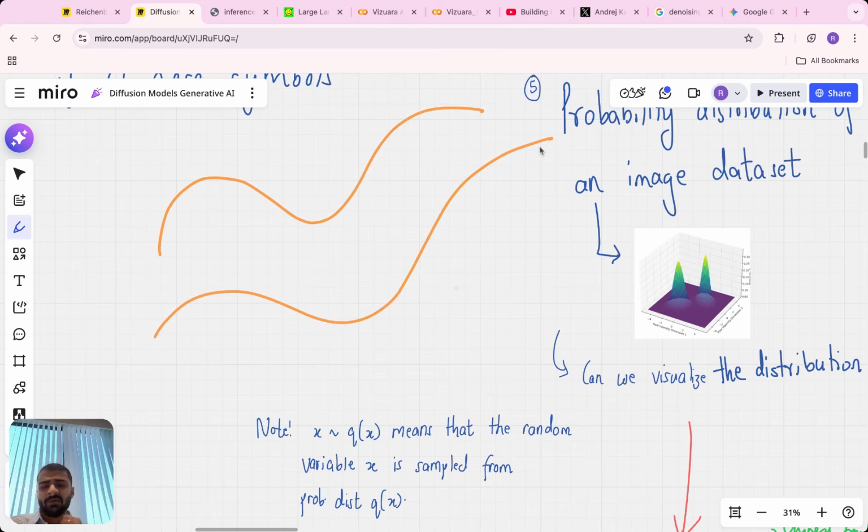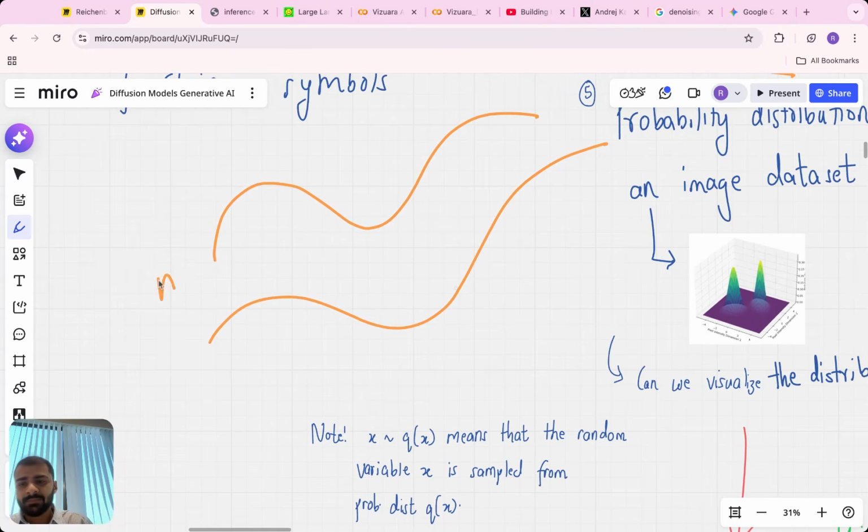Maybe they are living in some different shape. That's called a manifold. This is a contour where all Chinese symbols are living. That's the probability distribution of this image data set, and it's a very small portion of a huge, vast, empty space. That's what it means by a probability distribution of an image data set.